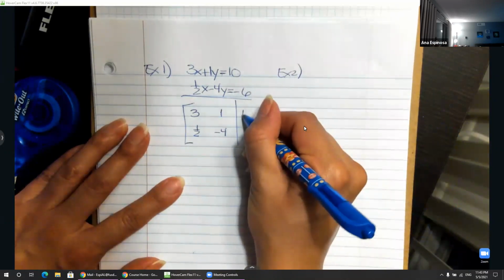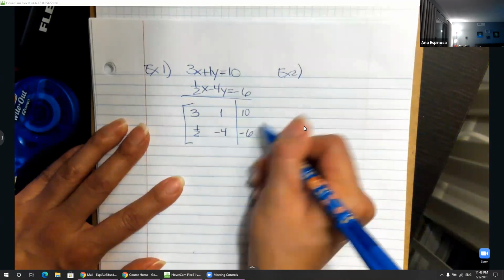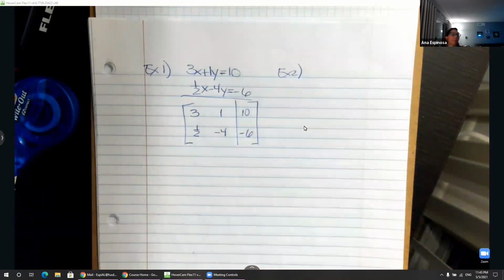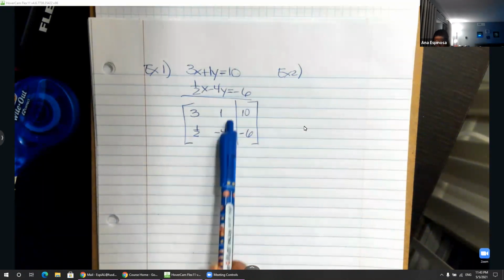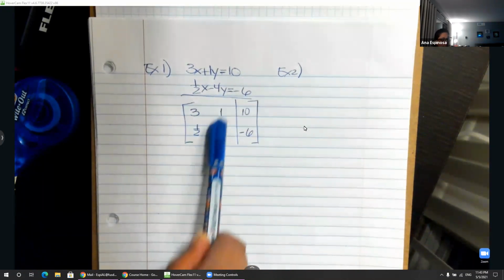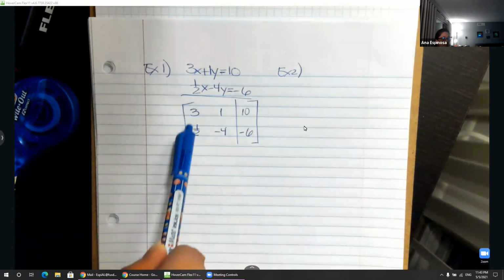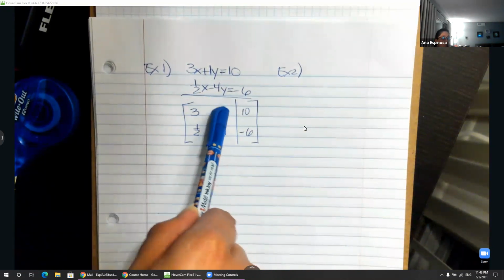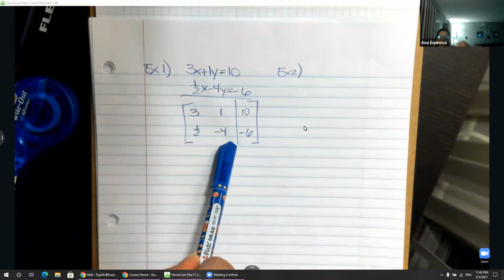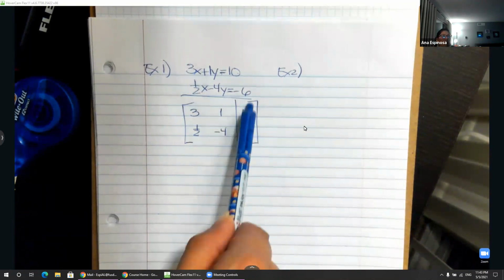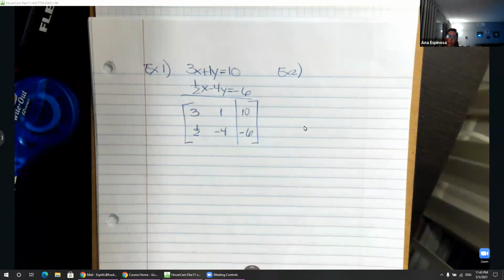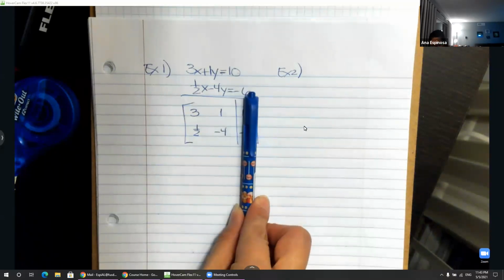The 10 and -6 are going to go on the right. That's matrix form. So basically, you're going to attempt to get this into an identity: 1, 0, 0, 1. Once you change these to what I just told you, these are going to change with them, and that will be your answer. This part will be your answer.